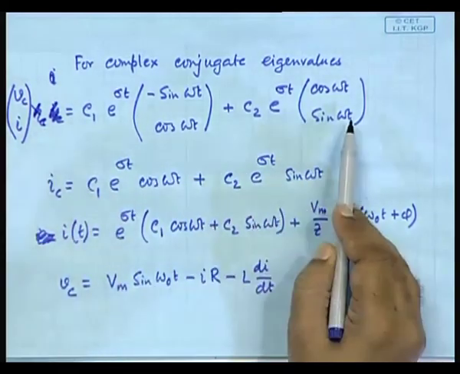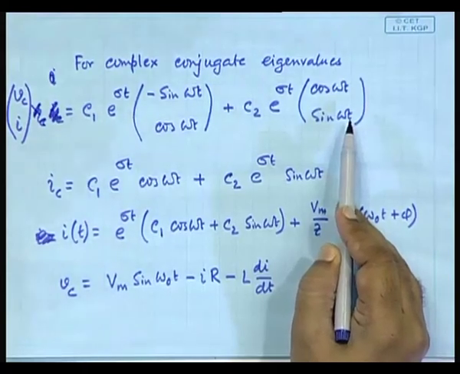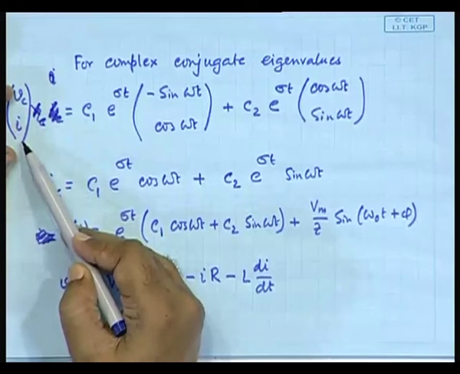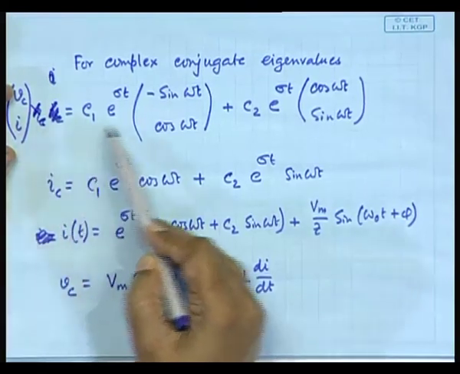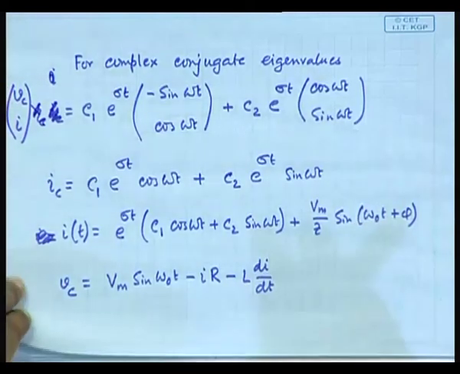Here we are writing its complementary function part, that is why c as a subscript. But what is that vector? It is a vector of V c and I, and that is what we have written down here. Clear?